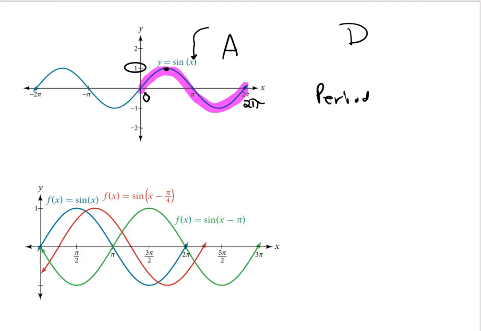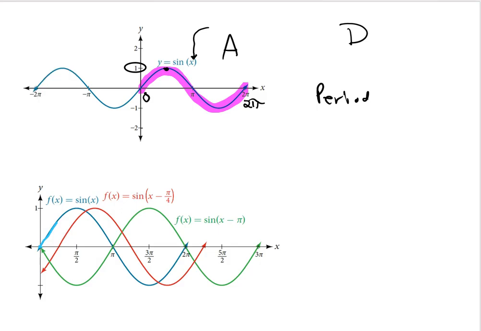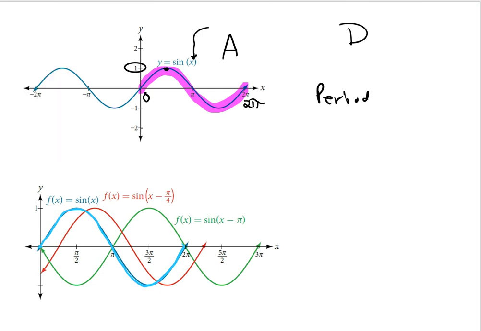You've got the blue graph, the red graph, and I'll just have to use regular pens, I guess. This is the original sine curve, the blue one. But then you'll notice that the red one is still at the same height. These are all still at the same height, so the amplitude has not changed. But the red one has been shifted to the right.